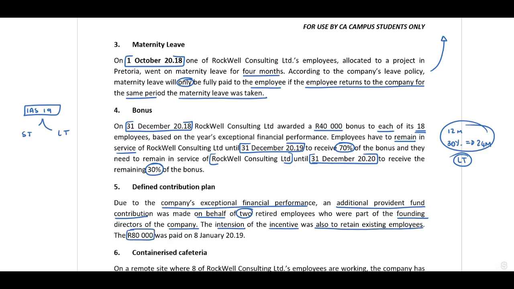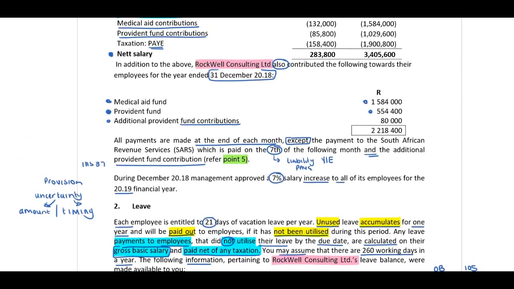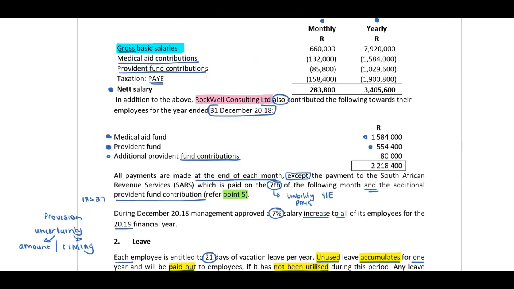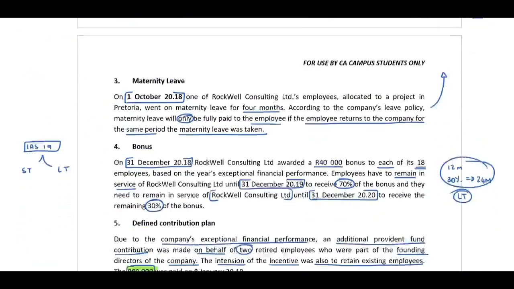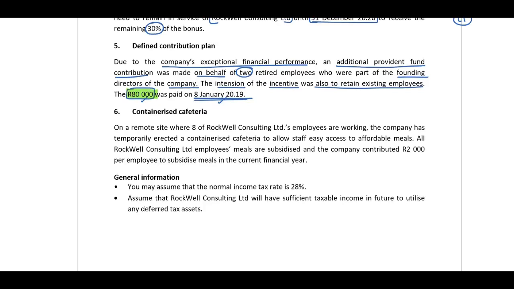The 80,000 Rand was paid on 8 January 2019. We know the amount, we know the date. Remember this 80,000, the additional provident fund contributions were made, and they paid this on the 8th of January 2019.